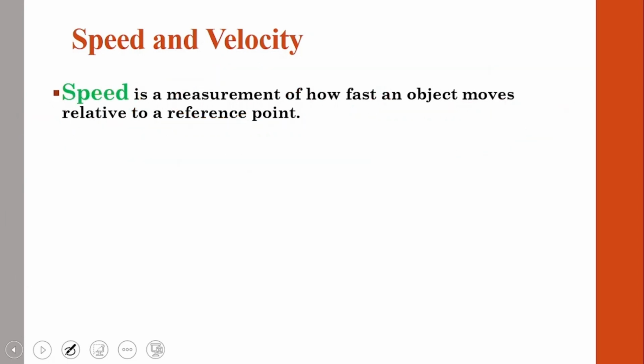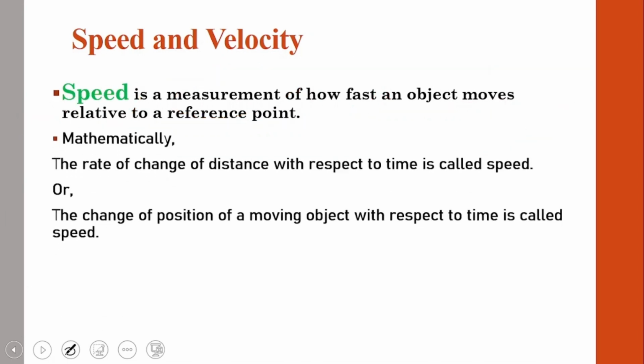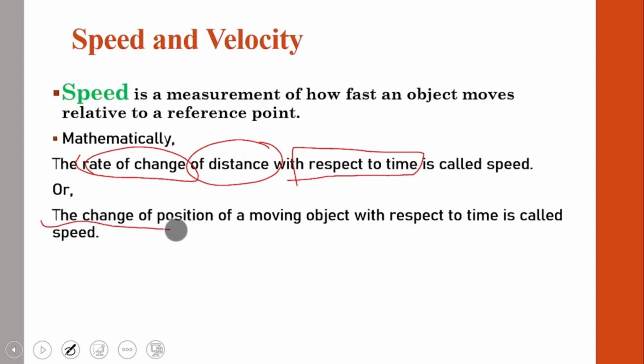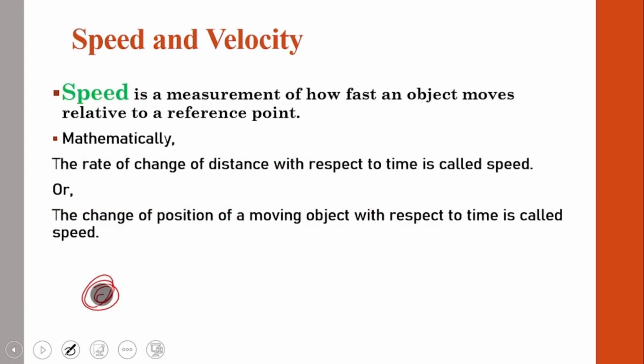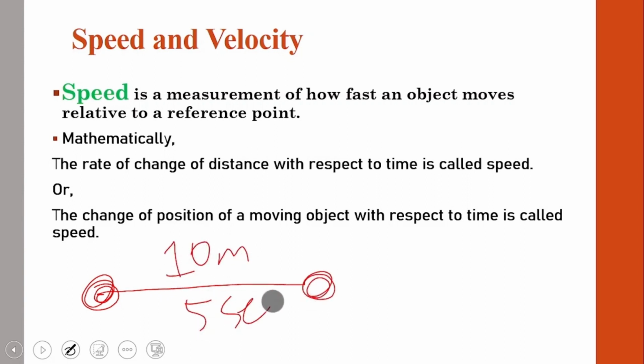But mathematically, we can say the rate of change of distance with respect to time is called speed. Or we can say the rate of change of position of a moving object with respect to time is called speed.